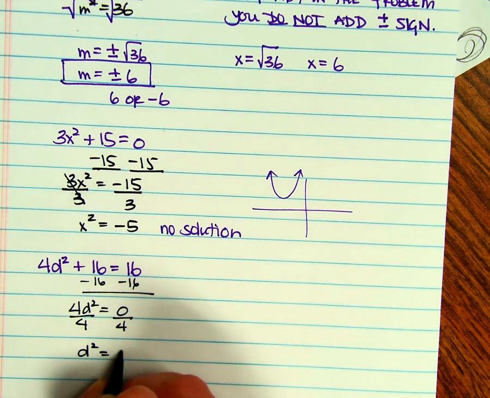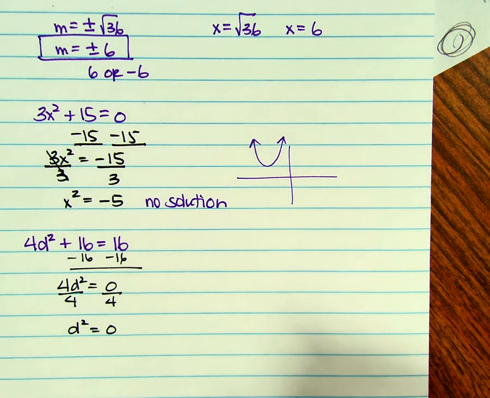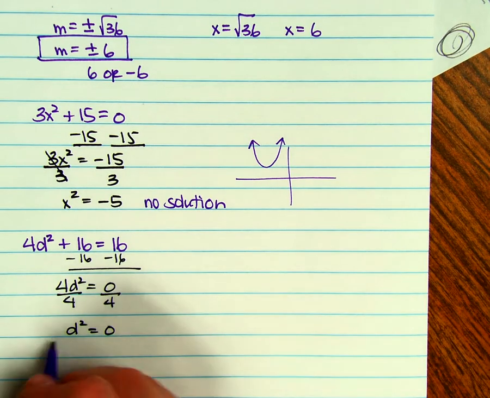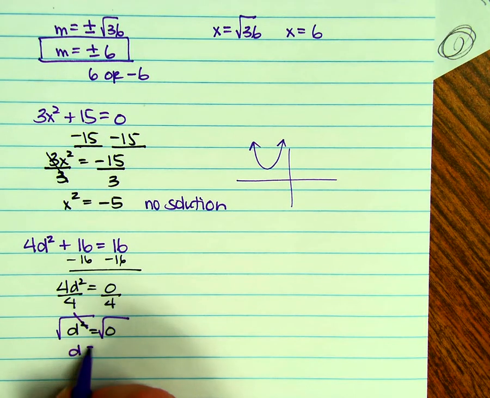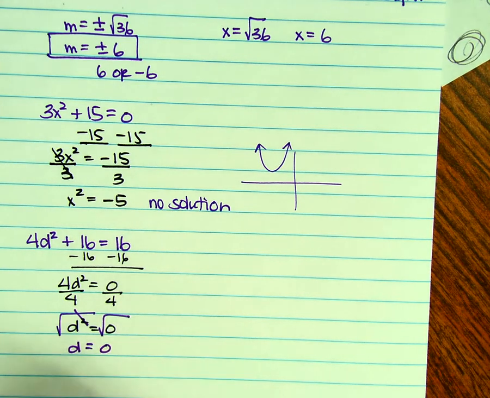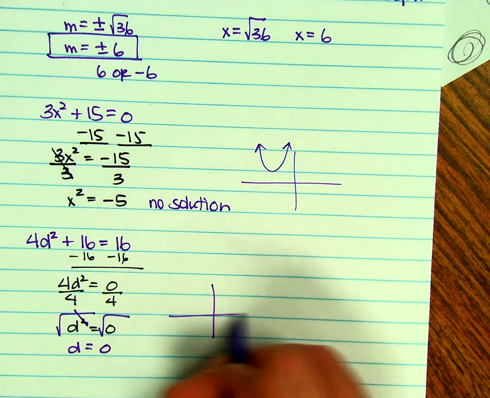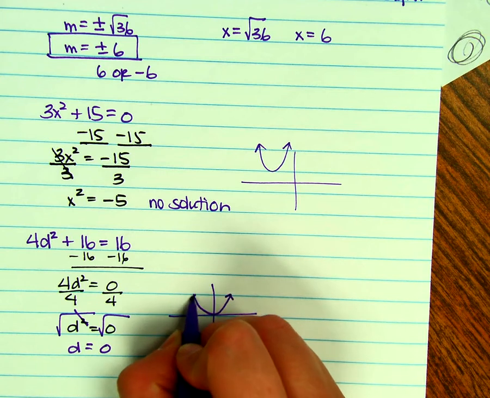D squared equals 0. So if I take the square root, what is the square root of 0? It is 0. So this would be one where you would be intersecting once right at 0.